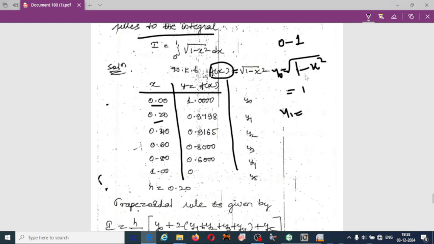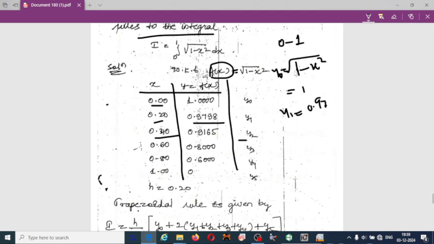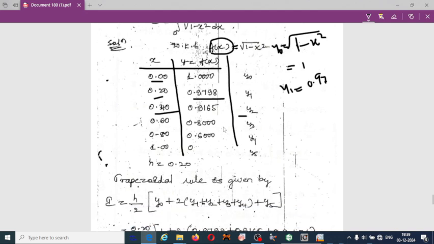So 1 minus 0.04, if you do, you will get 0.97 something. So this is y1. X equal to 0.4 if you put, you will get y2 and so on, by using y equal to f of x, root 1 minus x square.